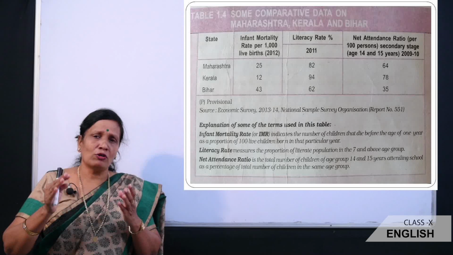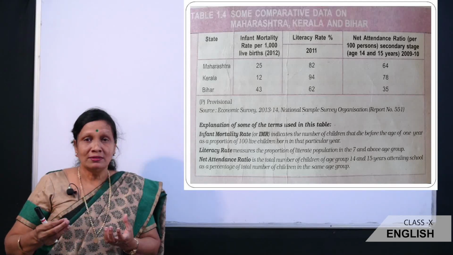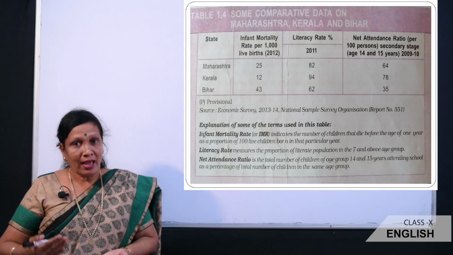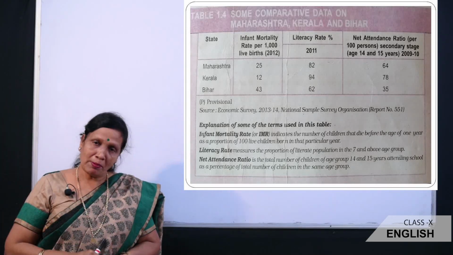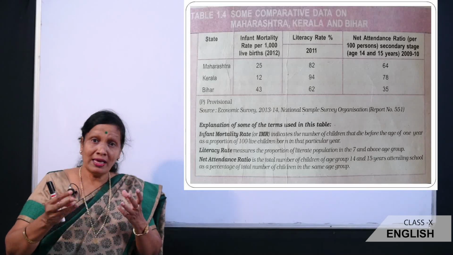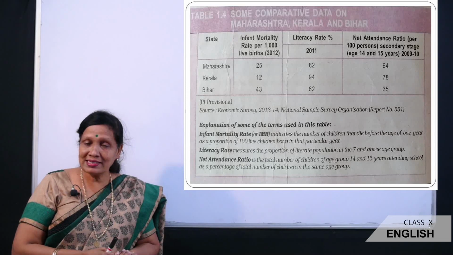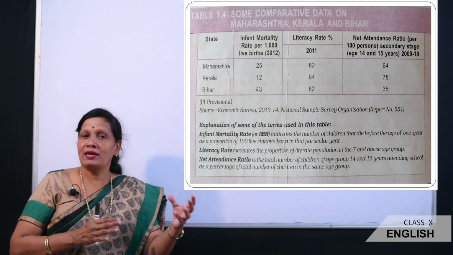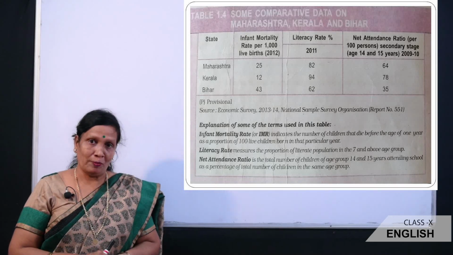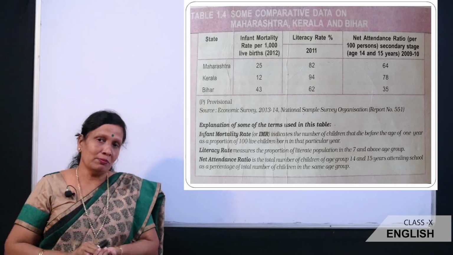And then maybe you can also add many other facts, like the state will develop and march ahead in the process of development only if it pays more attention towards its health sector, education sector, and ensuring the attendance of children in school. I hope you got an idea of how to analyze a table also.